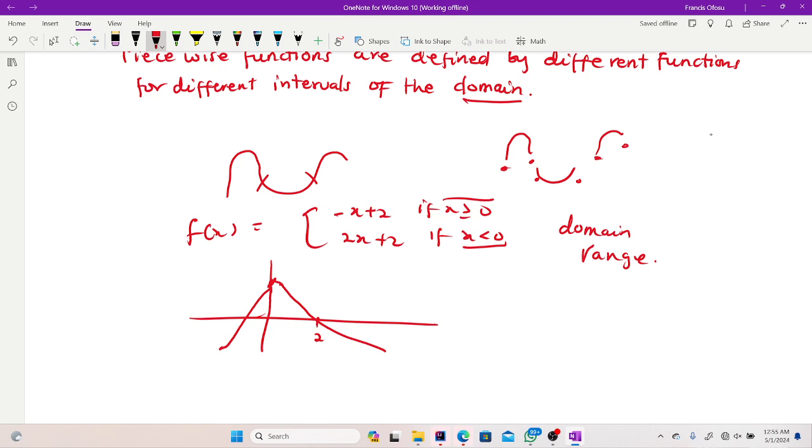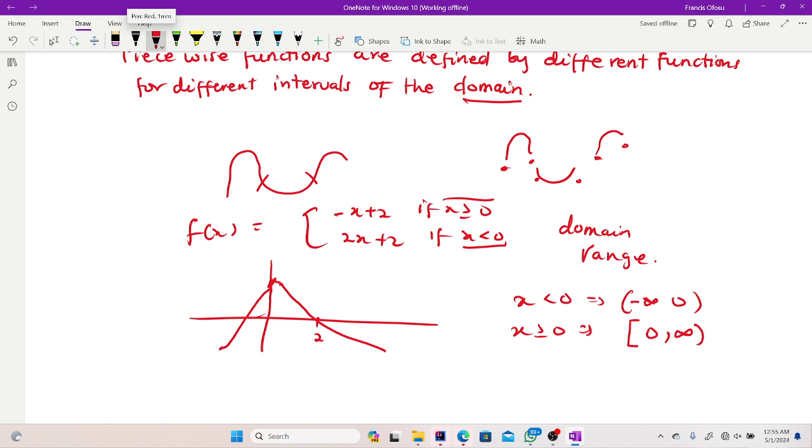For the first one, x less than 0, mathematically that is negative infinity to 0, open. For x greater than or equal to 0, we have 0 inclusive, so we use a square bracket, 0, comma, infinity. Remember, all infinite limits are open.